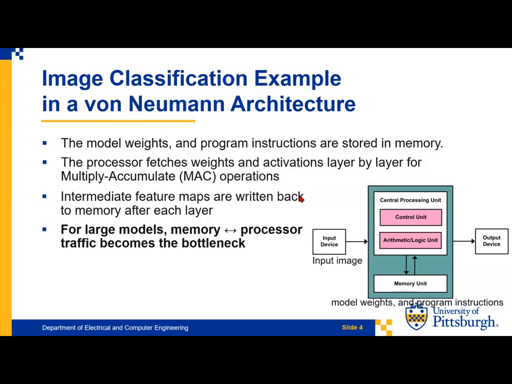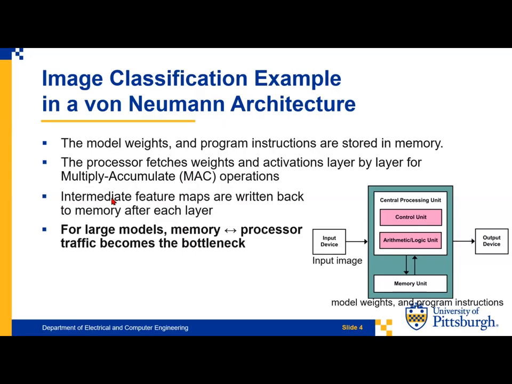This slide shows an example of running image classification in the von Neumann architecture. The model weights and the program instructions, maybe from the PyTorch or TensorFlow framework, are stored in the memory, and the processor will fetch the weights and the activations layer by layer for the MAC operation. The MAC operation is the multiply and accumulate operation.